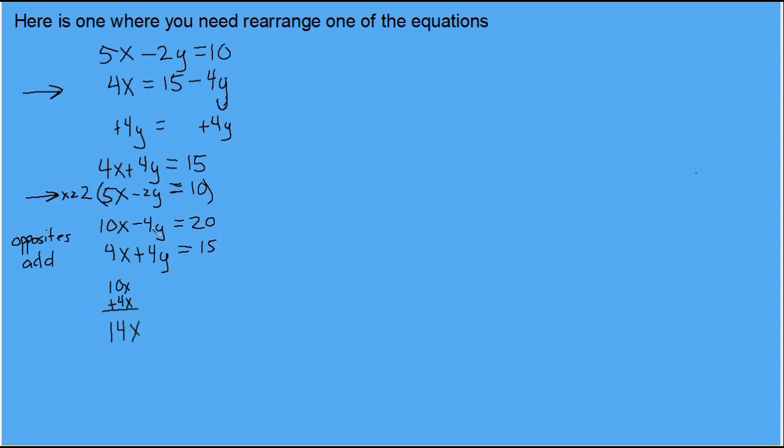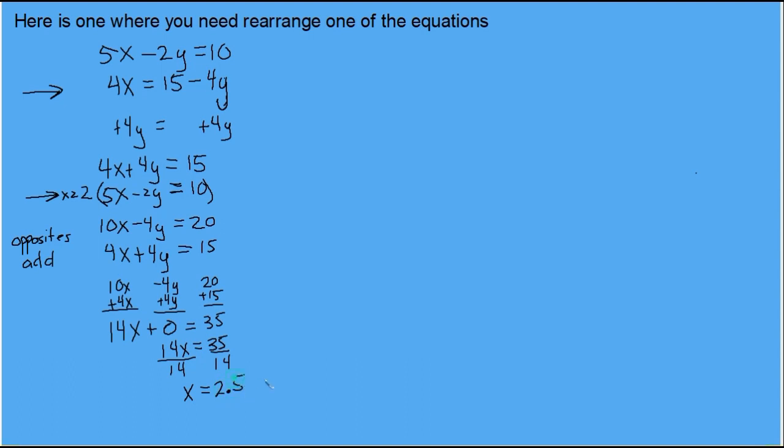Negative 4y and positive 4y cancel each other out, and I get 0, eliminated the y, and now I get 20 plus 15 equals 35. So 14x equals 35. I divide both sides by 14. And I get x is equal to 2.5.